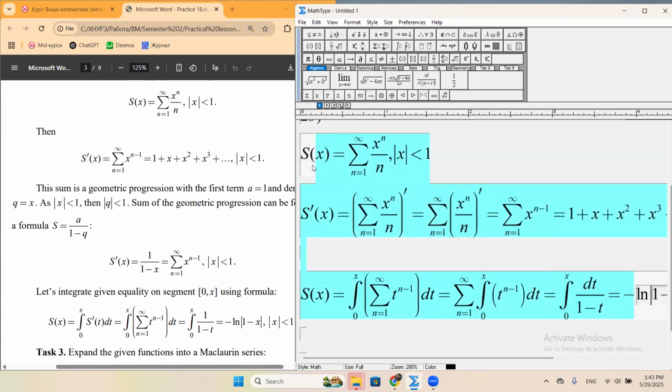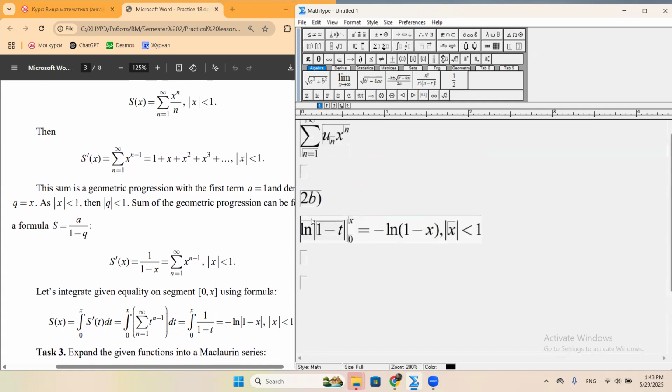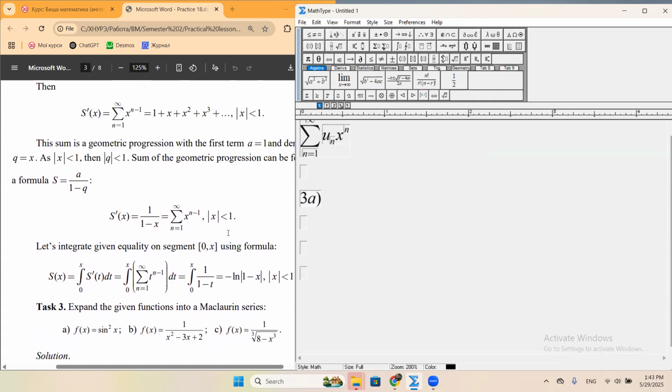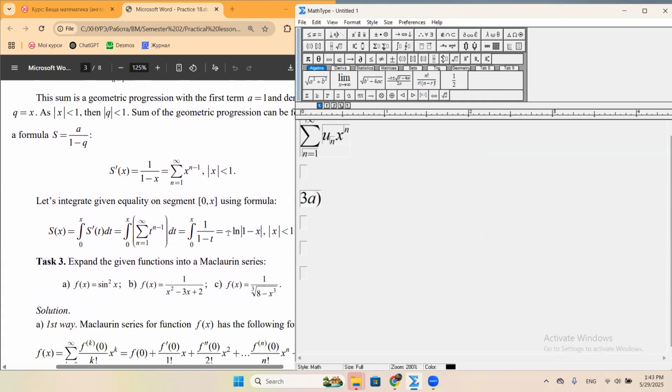Okay, if no questions, let's move to the next exercise. Let's continue. So exercise 3A. Now we will expand the function into Maclaurin series. So how does the Maclaurin series look?